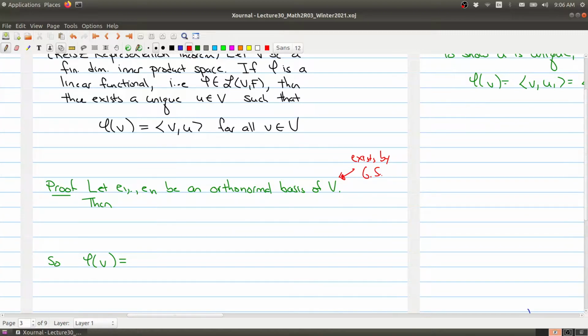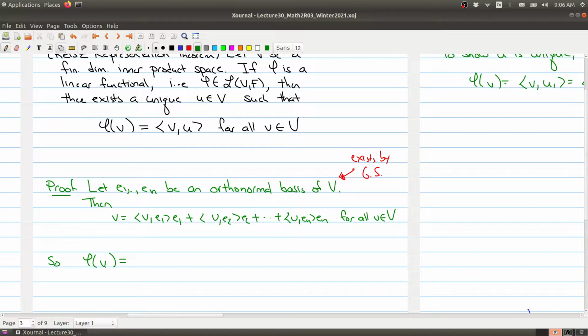So we know that V has to have an orthonormal basis, and because of that, we know that any element v can be written as the inner product of v with e1 times e1, plus the inner product of v with e2 times e2, all the way up to the inner product of v with en times en. So this is for all vectors v in V.